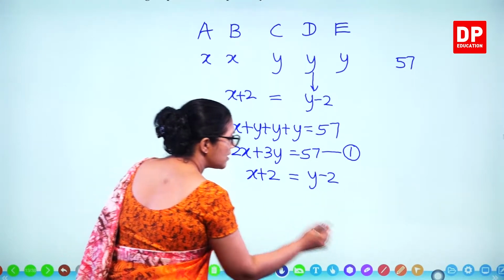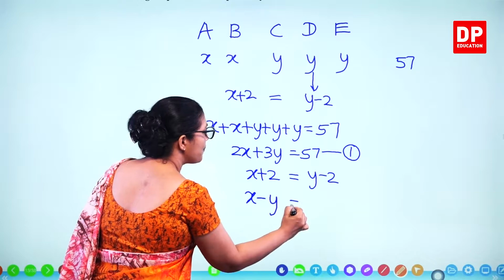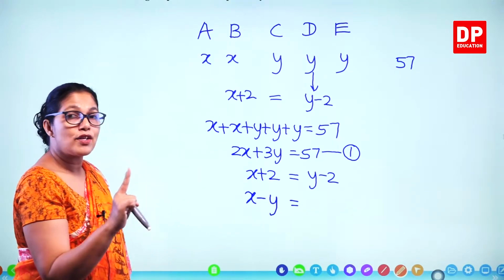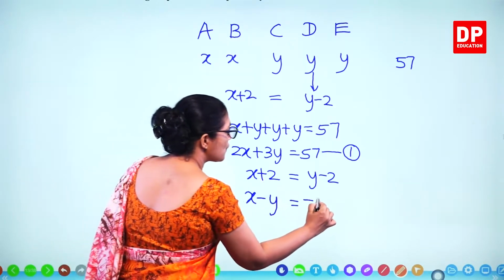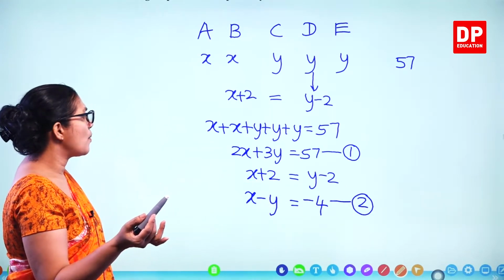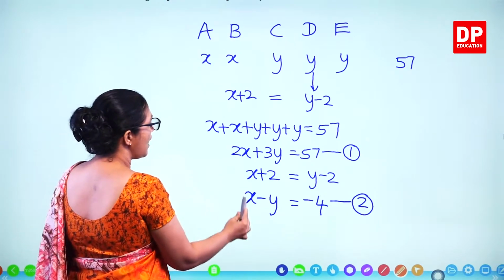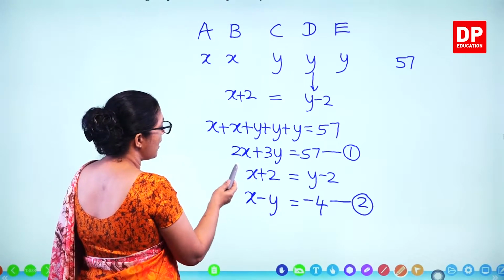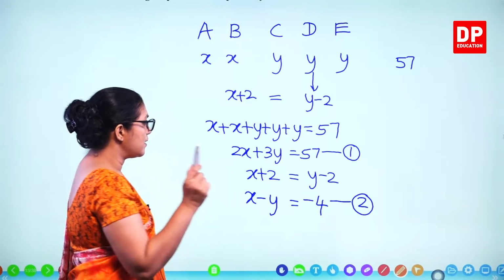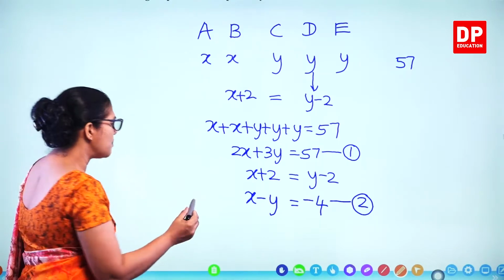Now take y to this side, that means minus y. 2 will take it to the other side. Minus 2 minus 2, minus 4. That's your second equation. Simultaneous equations. How do you solve? You have to make sure that the coefficients are equal. So we can either multiply by 2 to get the coefficient of x equal or multiply by 3. So we'll multiply by 2.